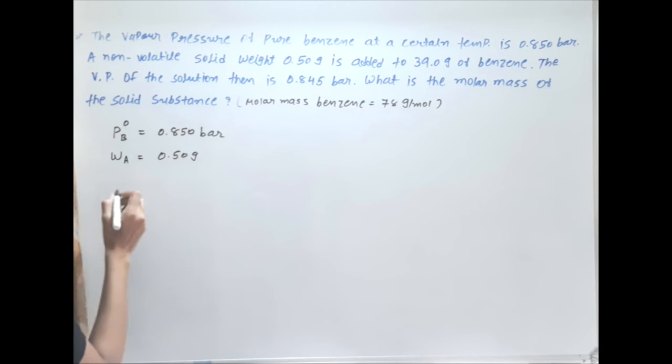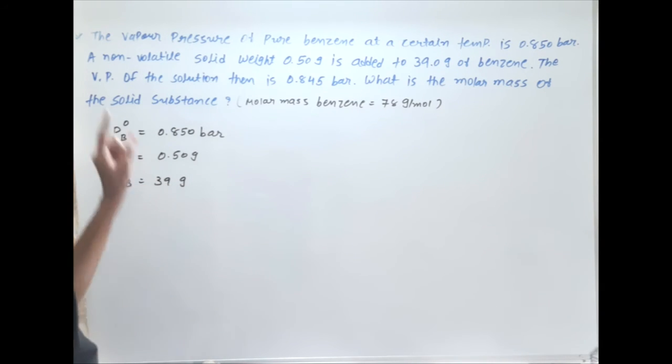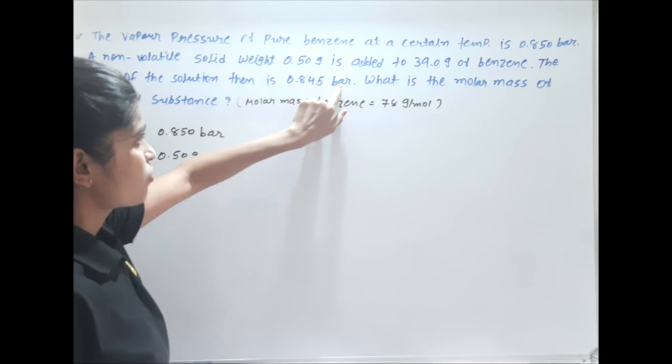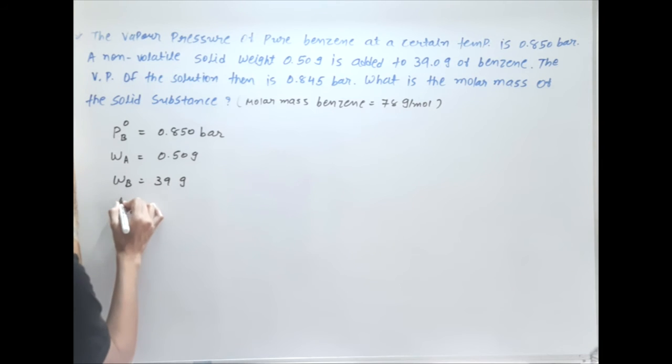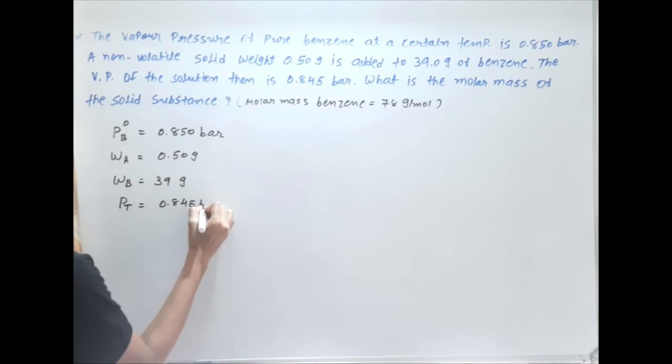So this is the solvent, WB is equal to 39 gram. The vapor pressure of the solution is 0.845 bar. So the vapor pressure of the solution P total is equal to 0.845 bar.